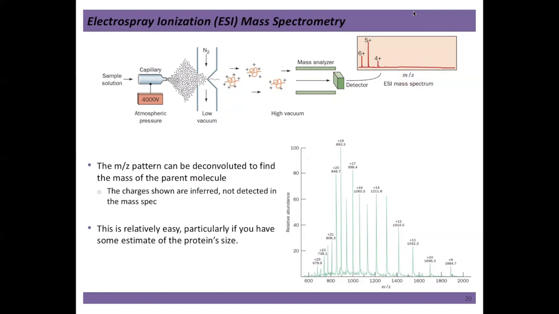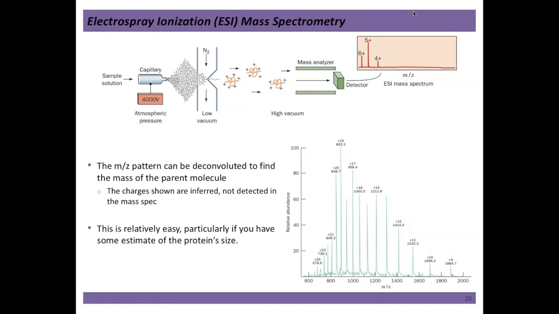Now, what's really interesting about these methods is you can detect multiply charged species. So your protein may have multiple charges. And so here down at the bottom, you actually see these kind of regular dispersed patterns here. And from those, you can actually start to figure out the charge pattern on them.